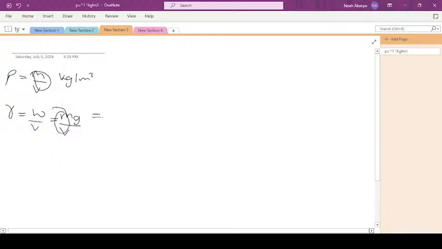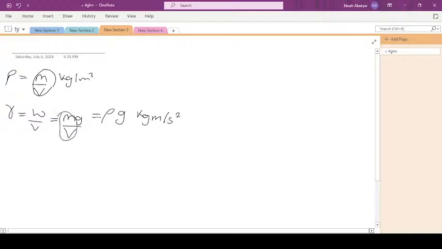So that is the same as density times g, sorry for my writing, and the unit of this is kilogram per meter per second squared.